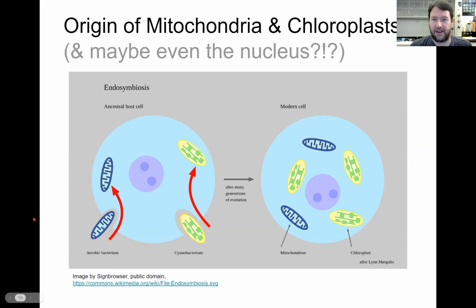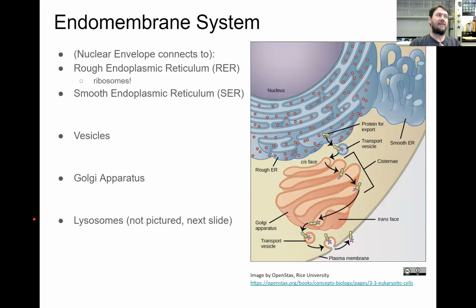Cool. Okay. So that was our first big grouping of structures, the nucleus, the mitochondria, and chloroplasts, just because double membranes, own DNA, potential endosymbiotic origin. All right, the next group of organelles is the endomembrane system.